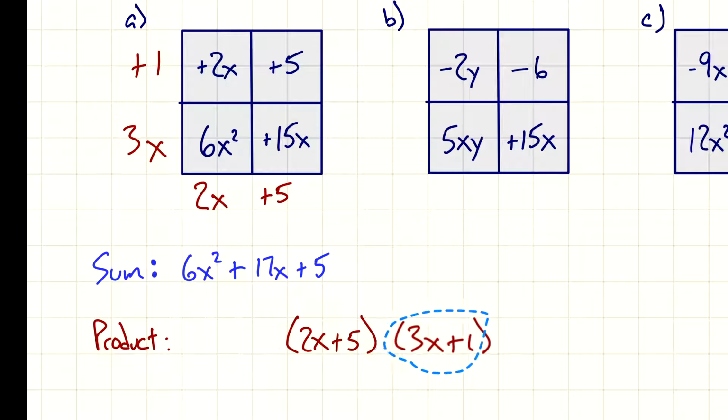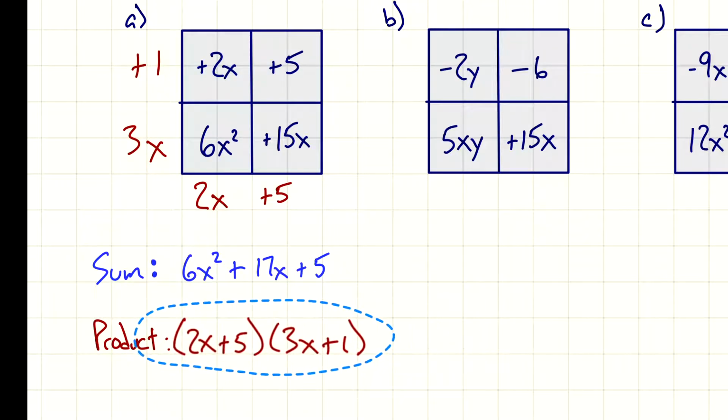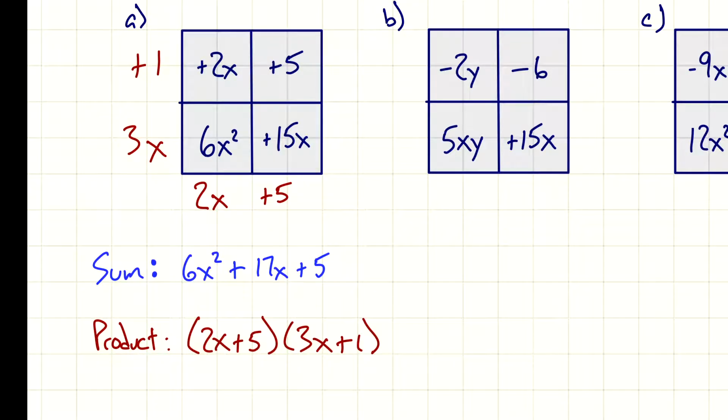If you say, well, I think I like it like this better, 2x plus 5, 3x plus 1, that's okay. Some people like it like that because it looks like base times height, which is perfect. So base times height. I think I'll leave it like that. But if you happen to switch the order, that's okay as well.